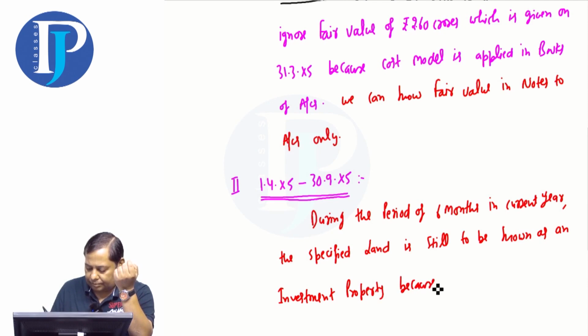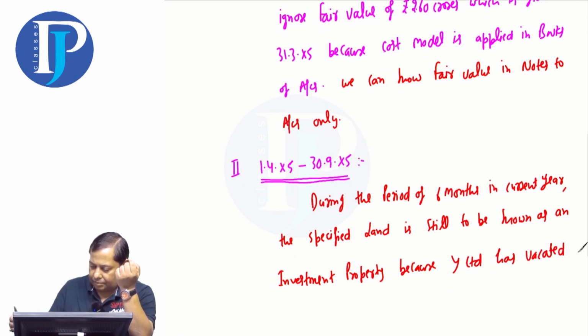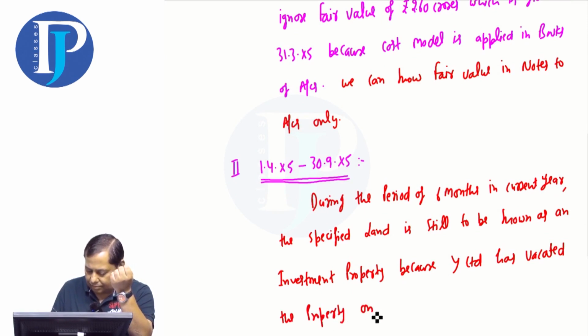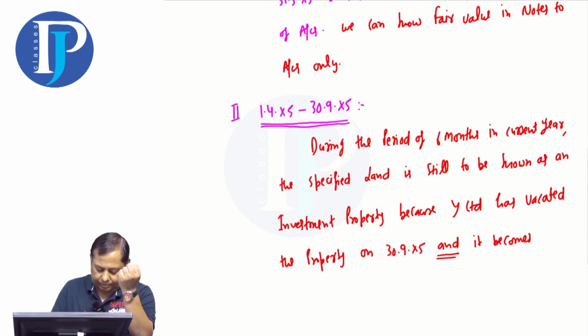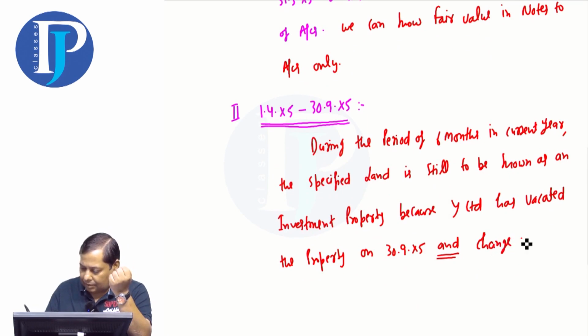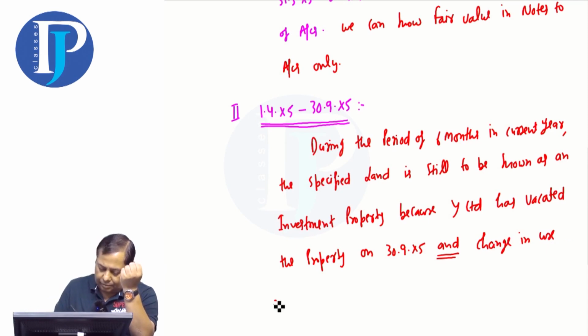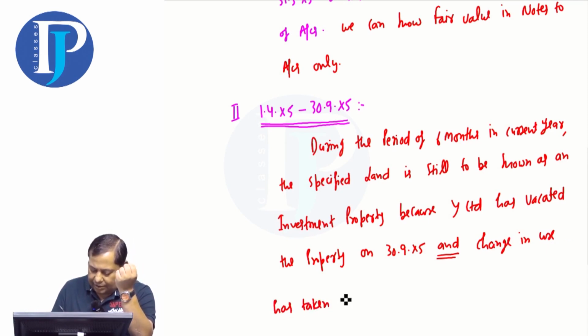because Y Limited has vacated the property on September 30th X5, and it becomes a change in use that has taken place on 1st October X5.